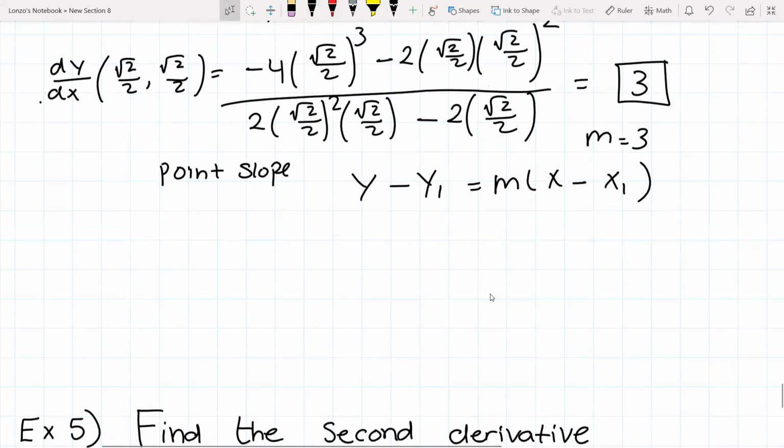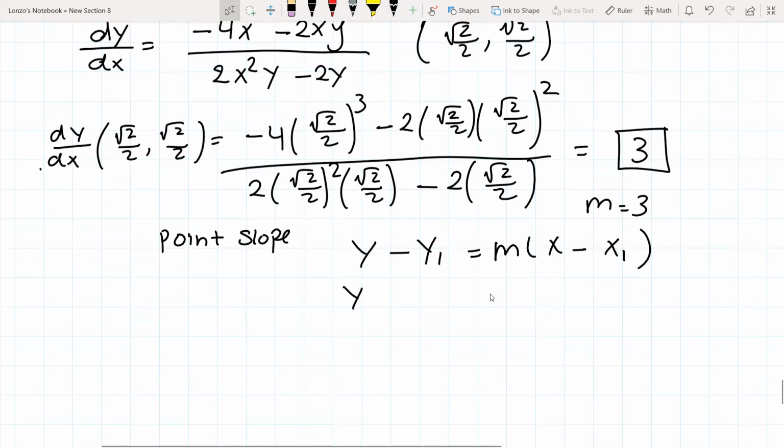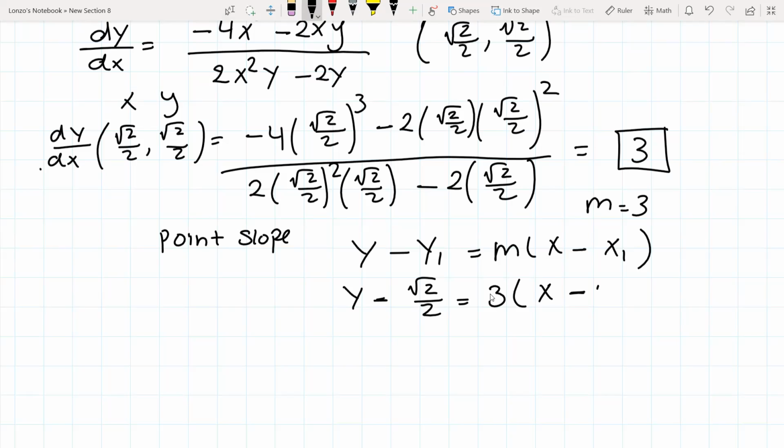So it's going to be y, and our y1 is actually the point we used, radical 2 over 2. And m is 3, and then this is going to be x minus radical 2 over 2. So when you distribute that out, that'd be 3x minus 3 radical 2 over 2.